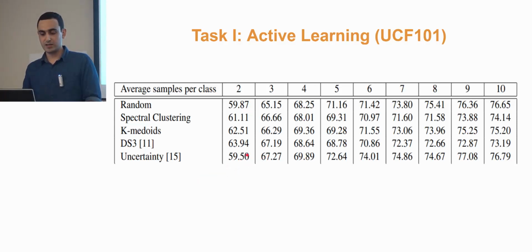And you can see here that using uncertainty gives you just as good a result as random. But after a few cycles, the uncertainty becomes the best method to select the samples.